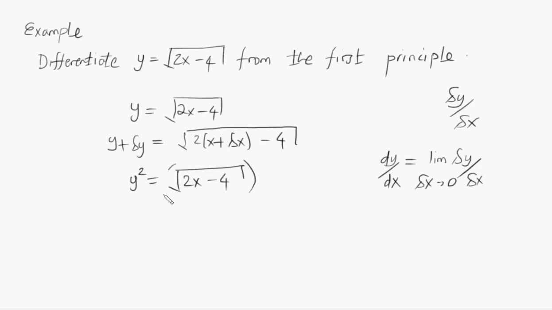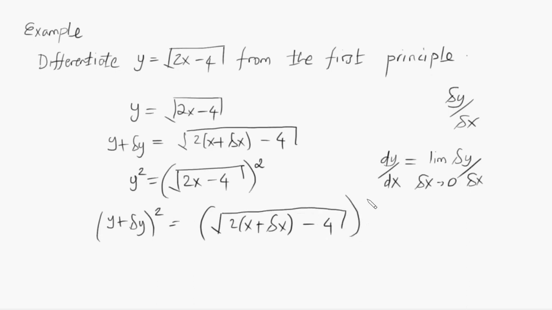Alright, whatever. This squared, and y plus delta y is just the square of this one. So we know that squaring this will get the square root out.